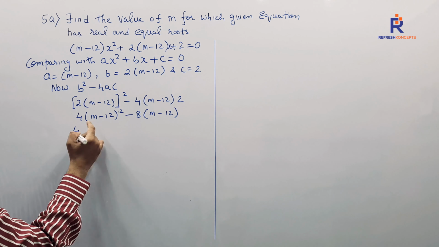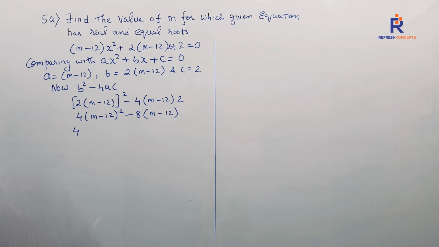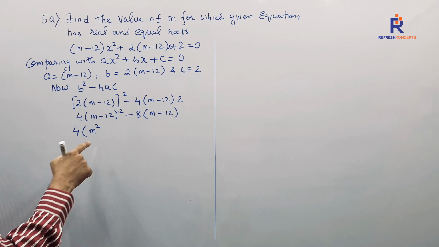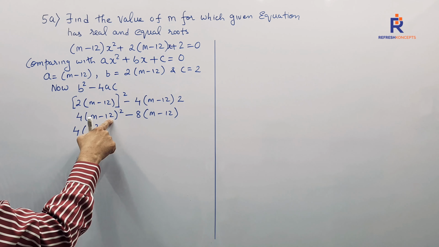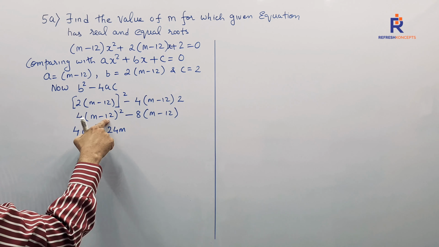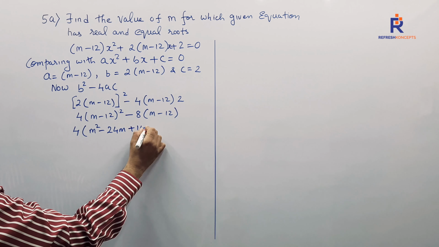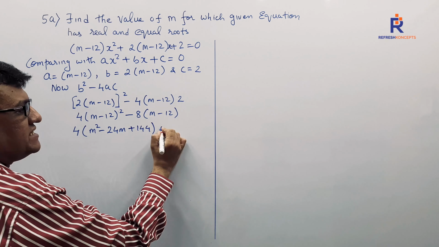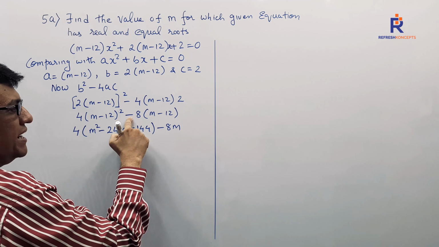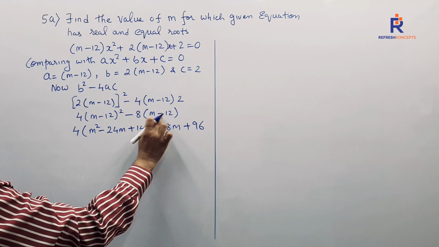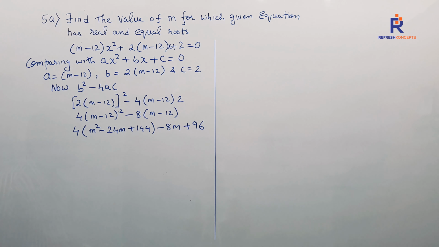Let's open the bracket, but prior to that, I want you to use a minus b the whole square: a square minus 2 into a into b plus b square. So m square minus 24m plus 144. Open this bracket. Minus 8m, minus of minus plus 96; 12 8s are 96.